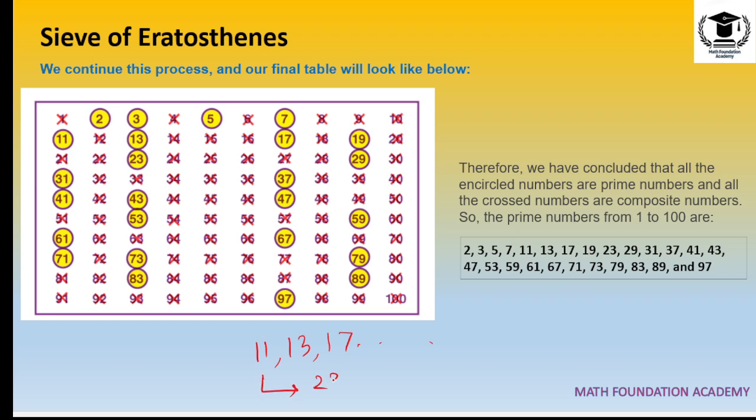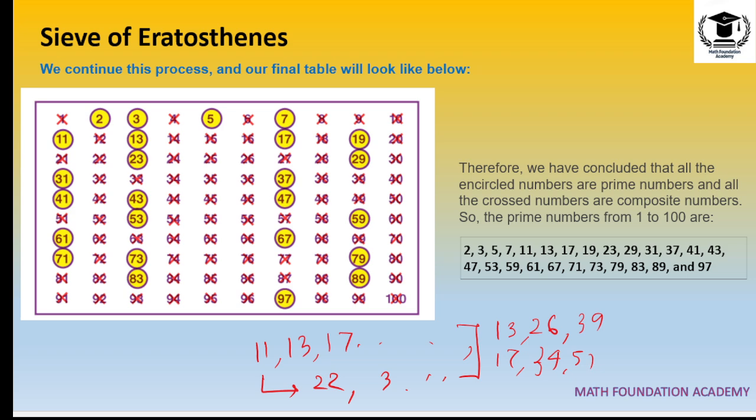So this will be 22, 33, right? Similarly, we'll remove all the multiples of 13: 26, 39, and then multiples of 17: 34, 51. So we'll continue this process.